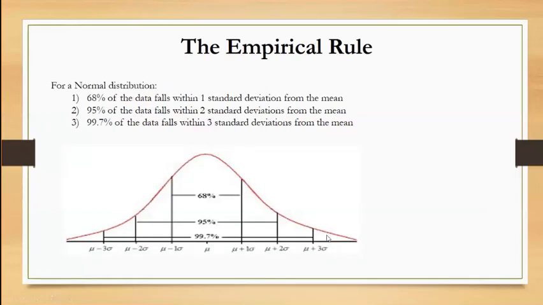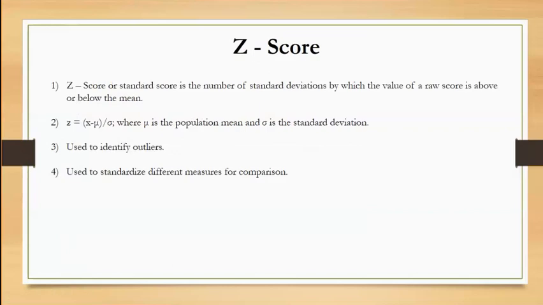The second application is that it is used to standardize different measures for comparison. To take an example, there is a variable A which ranges from 1 to 99, say. There is a variable B which ranges from 1 to 10,000. I want to compare these two variables.